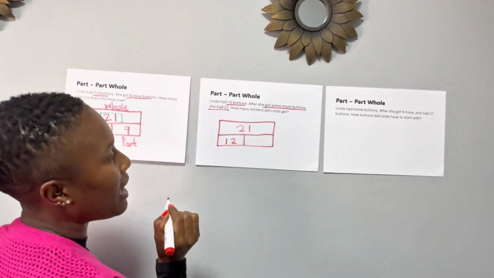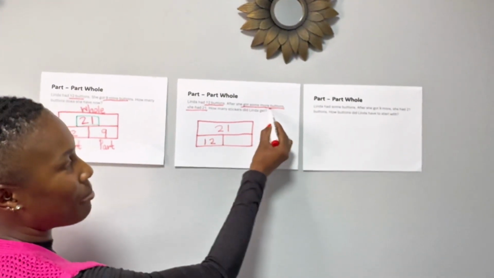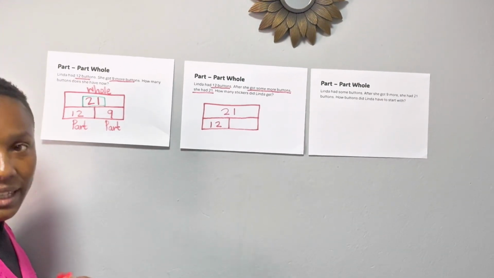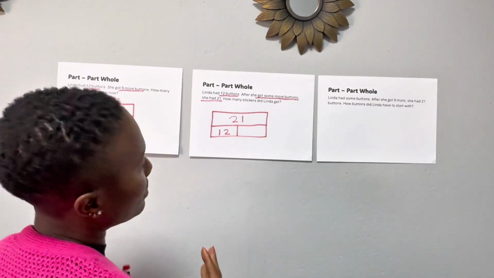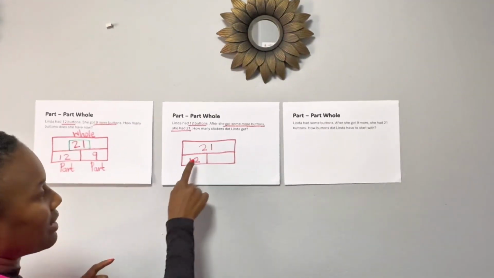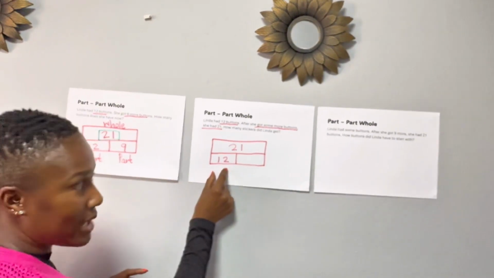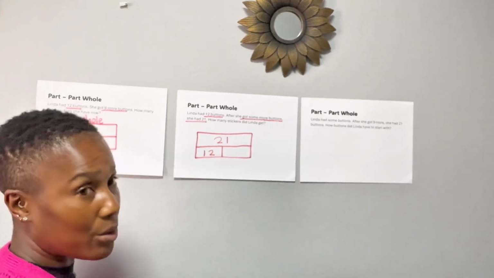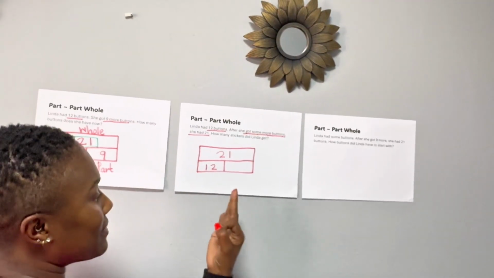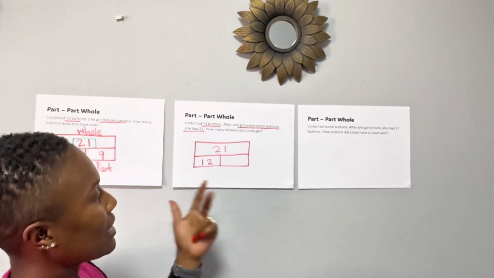Now we need to figure out, she got some more buttons. How many more buttons did she get? Now we continue to count on. From 12, we need to get the other part that is unknown. 12 is the part known, and the other part that is unknown is the part that we need to figure out. 13, 14, 15, 16, 17, 18, 19, 20, 21.